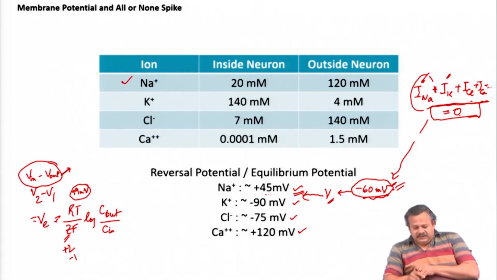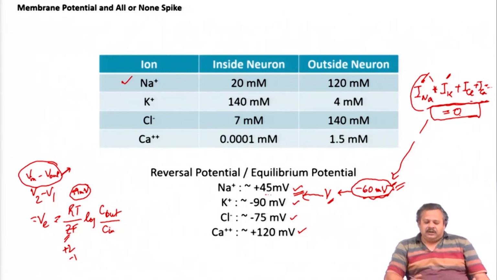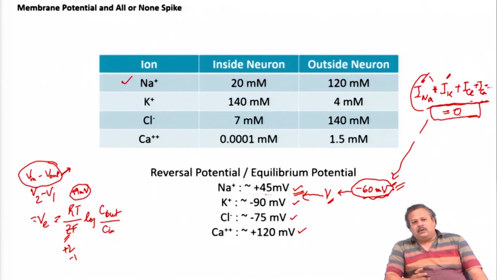We will go into more detail about this process in later lectures, but here the main point is to understand how the membrane potential is created and how it changes depending on the membrane potential itself, or how the conductances change and so on.